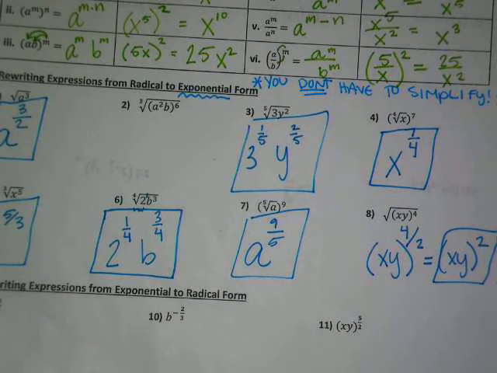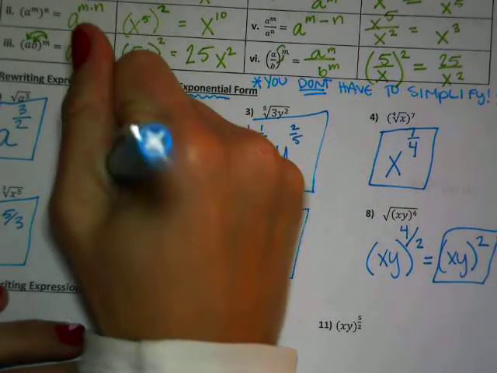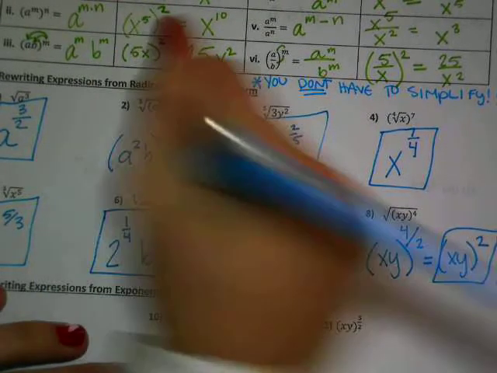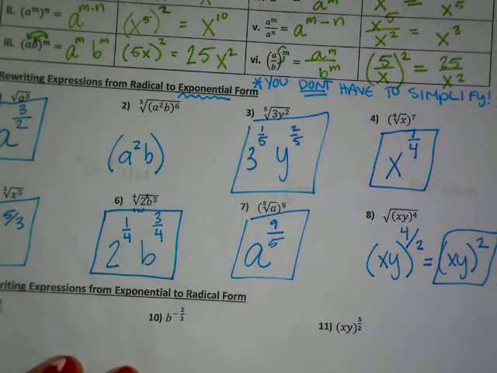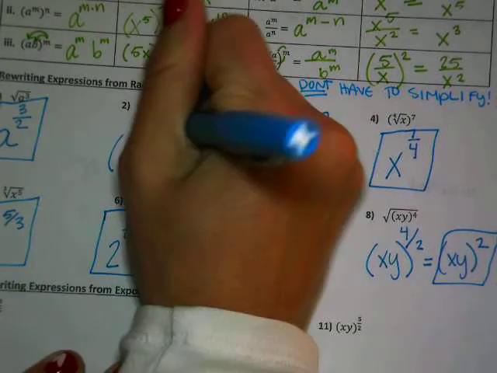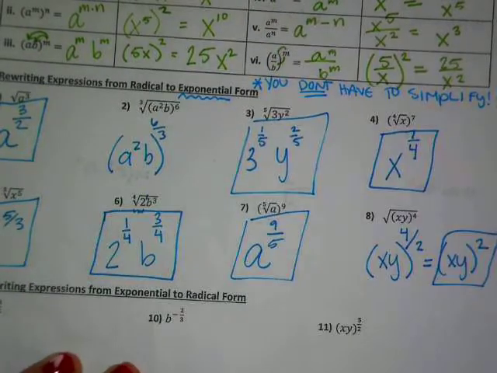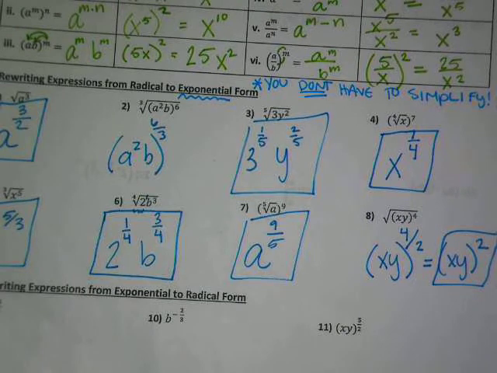All right, now I saved 2 for the last. If you just keep it simple, treat these parentheses as one giant parentheses. Don't worry about what's on the inside because I don't need you to simplify. What is the exponent? 6. What is your root? 3. So that's all I have to do. Parentheses is like one big thing.